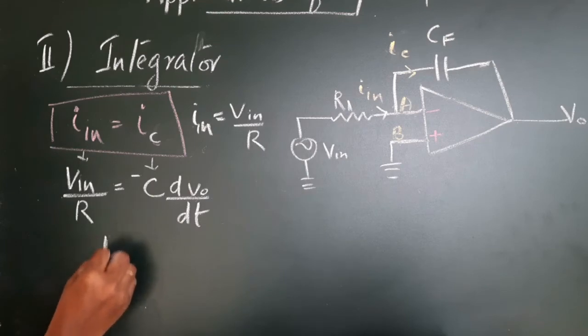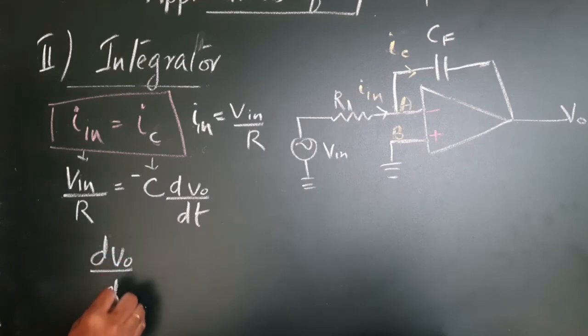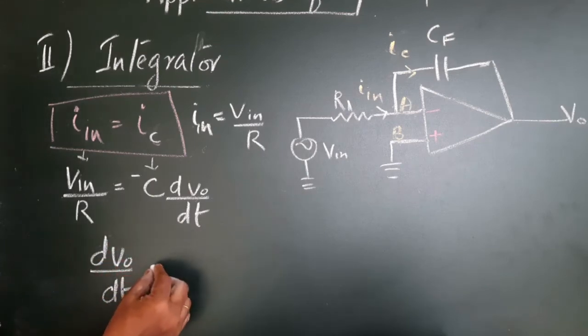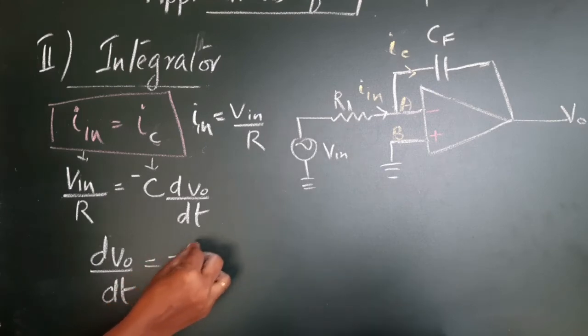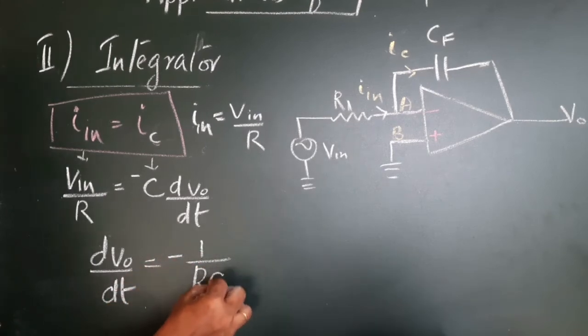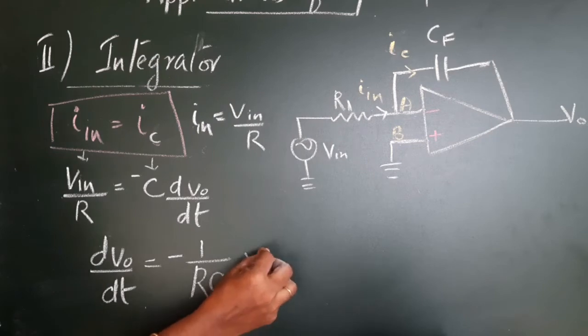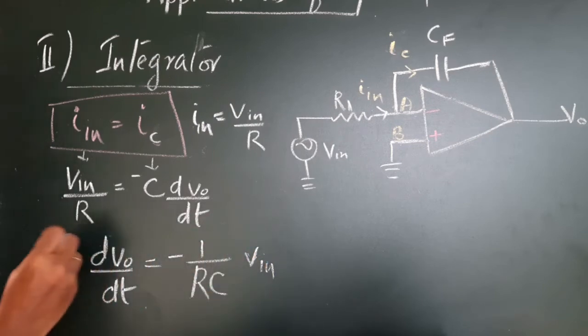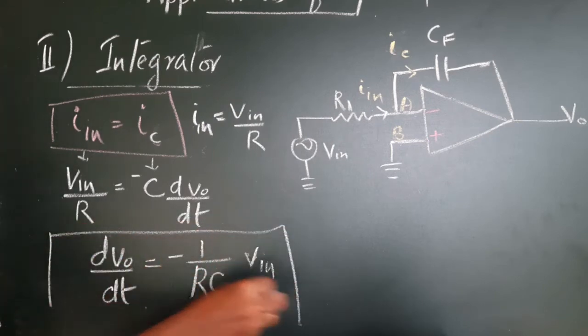So dV0 by dt is equal to minus 1 by RC into Vin. So this is the final expression.